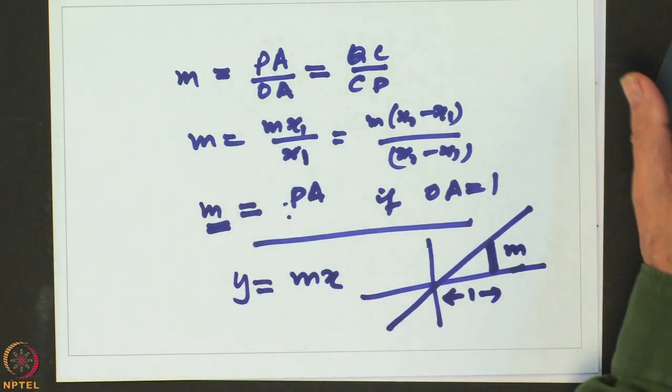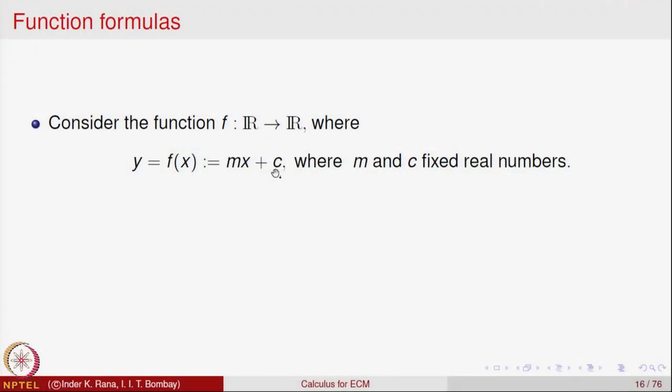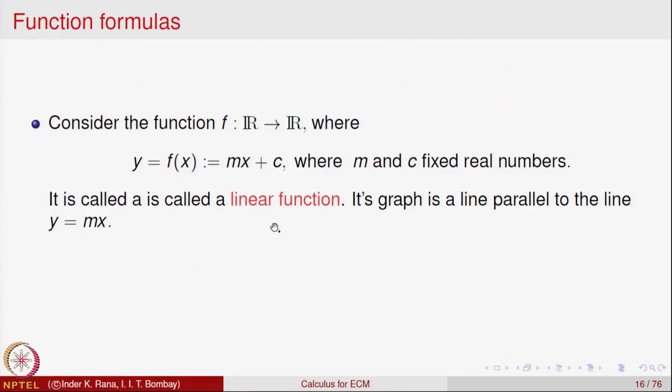In general, if I take a function y equal to mx plus c, where m and c are fixed, then if c is 0, it is the original graph, and only what we are doing is changing the value of y by adding c to it. So, it is just moving the graph of the original function by c units.